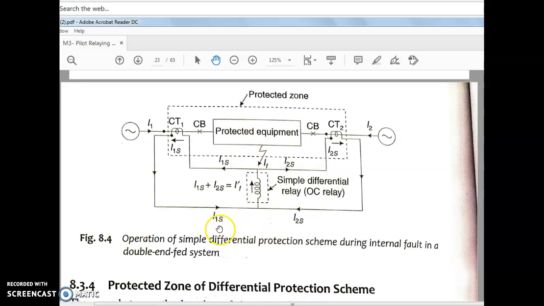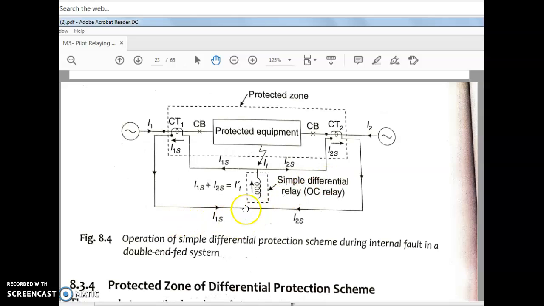The right hand current, whatever we have just now shown in the figure, is reversed, and both pilot currents I1s and I2s add and flow through the operating coil. Is it clear? The right hand side current, the previous figure has shown that this end current is reversed here. This current should add with the left hand side current. Therefore, I1s plus I2s. Is it clear?